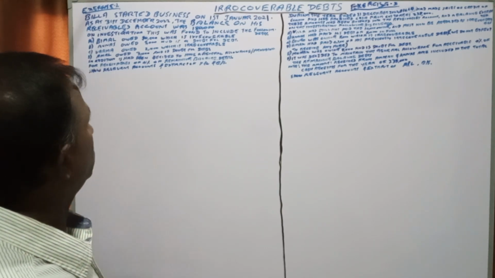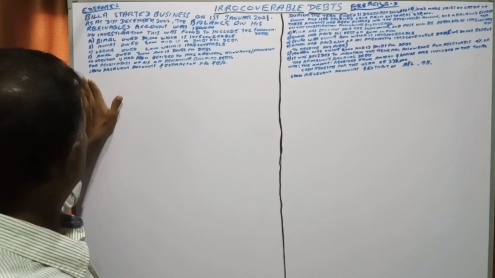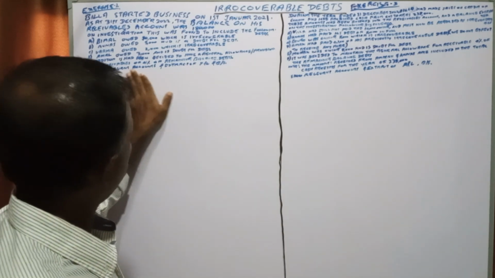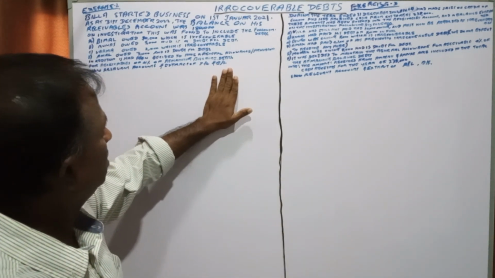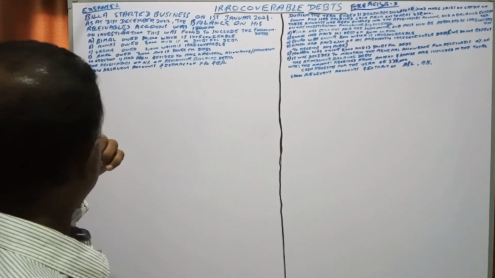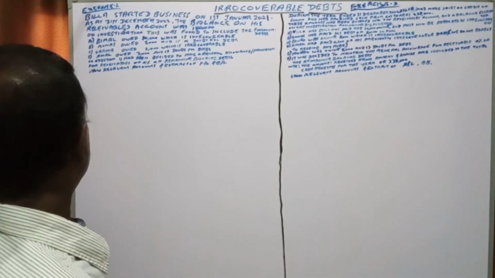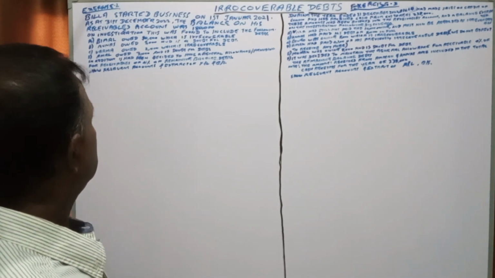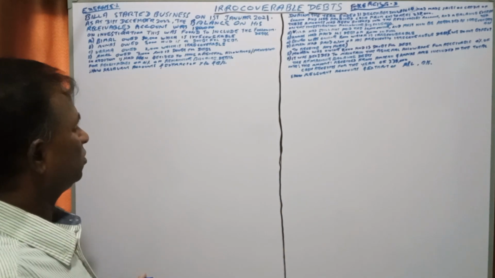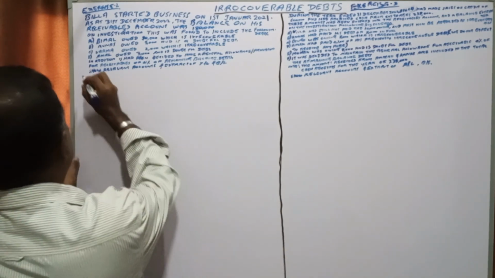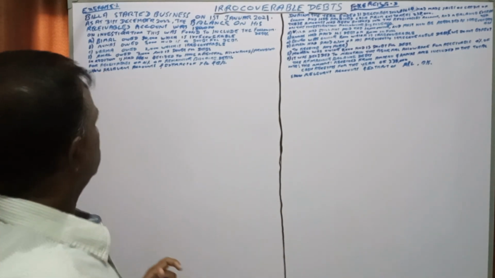Shall we see what is the requirement of the question? Here they ask you to show the relevant accounts and extract of the profit and loss account and balance sheet. This is the requirement of the question.